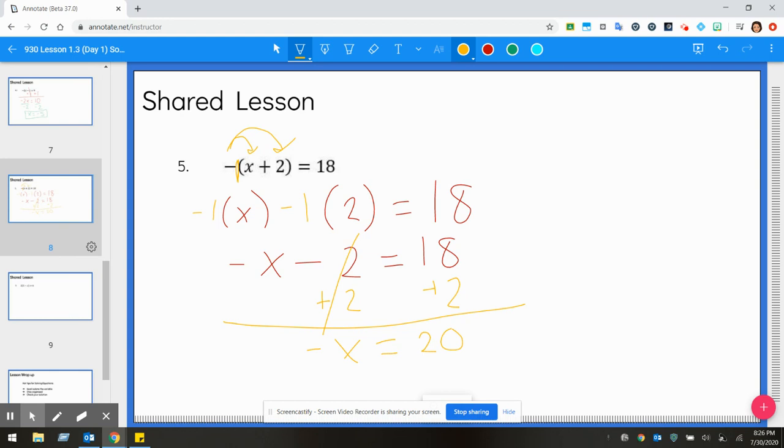So right now, what I'm going to do is divide both sides by negative 1. Negative x divided by negative 1 is positive x, equals 20 divided by negative 1 is negative 20. x equals negative 20.